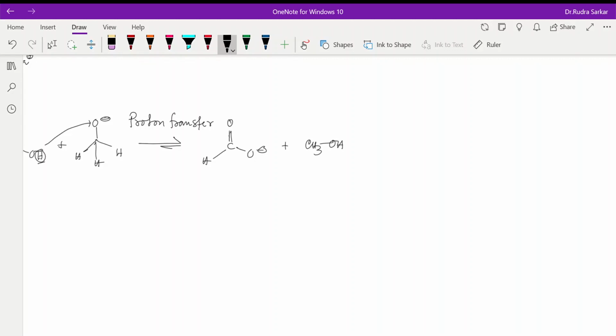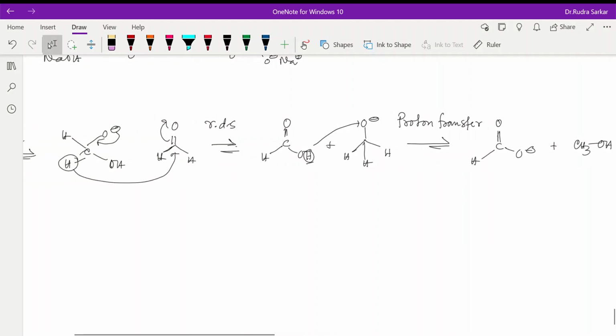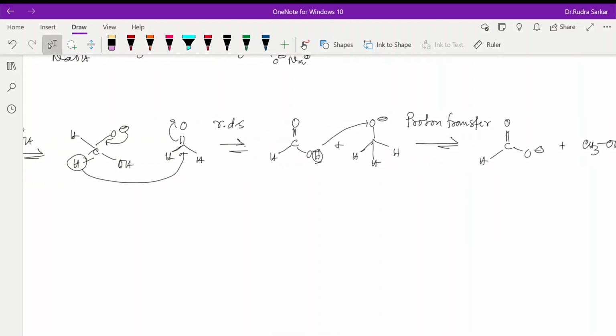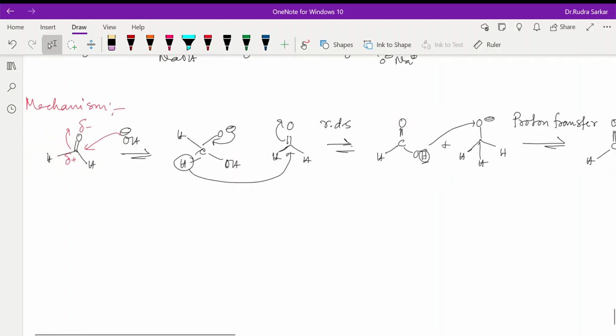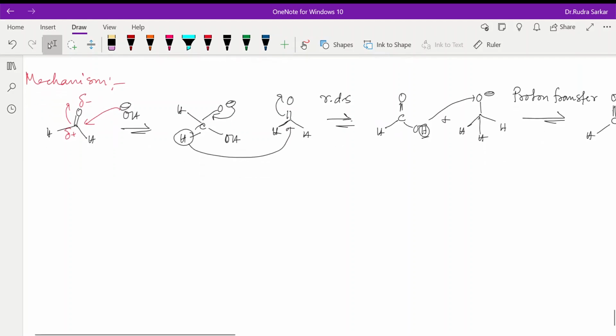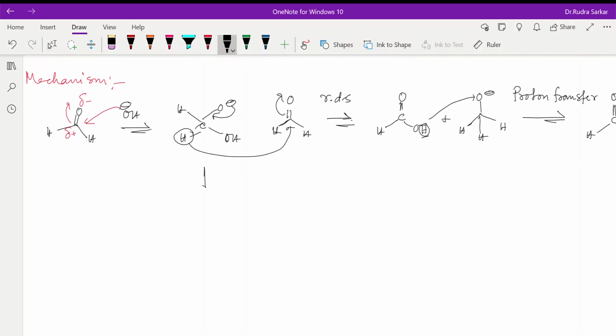So the alcohol is the reduced counterpart and the acid is the oxidized counterpart. That is why this is called a disproportionation reaction.